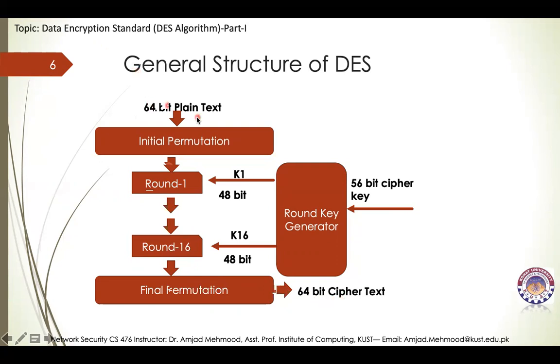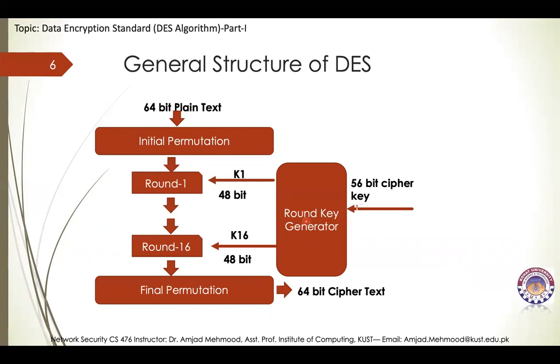From the plain text you have received 64-bit ciphertext. Here you can see that, as I mentioned, in total we have 64 bits, but each 8th bit of a byte is used for parity checking. So we were left with a 56-bit key, but this is the general key.